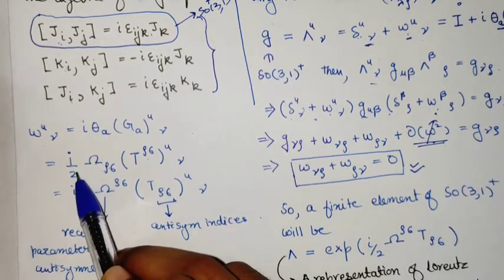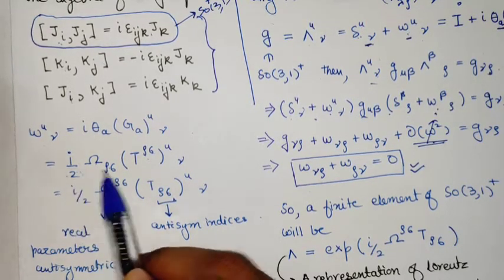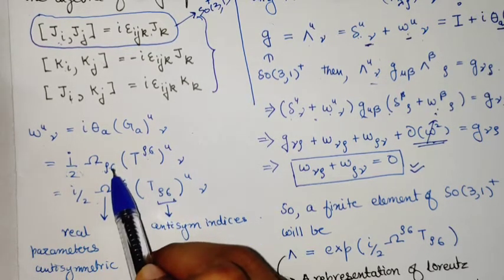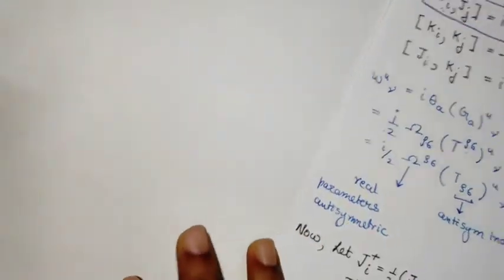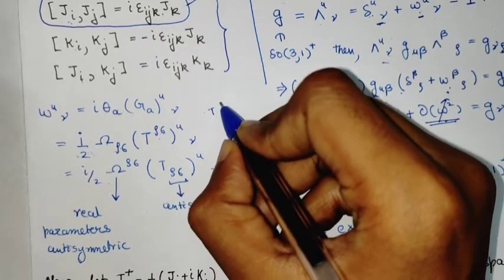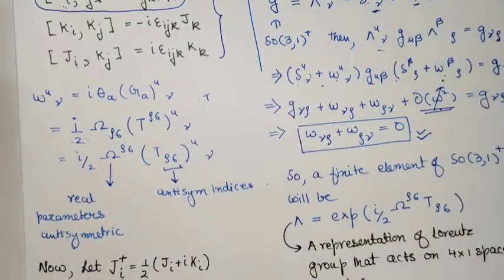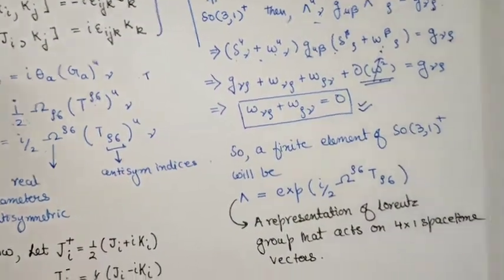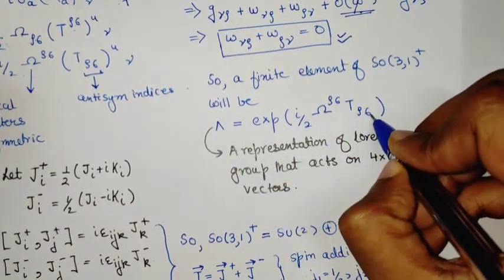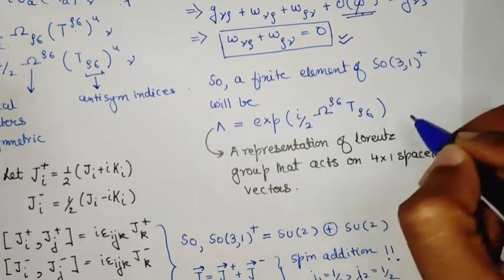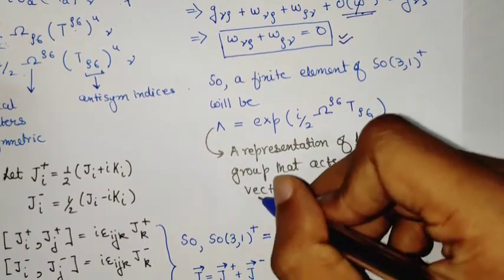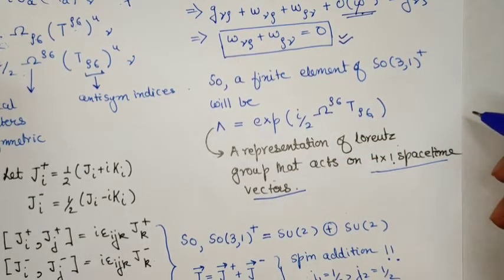And then I have introduced a half factor here, so that I can run over all the rho and sigmas, but then we would be double counting, because the parameters are anti-symmetric. So with this, the final group element is this particular thing here. This is the representation of the Lorentz group, and it acts on the spacetime vectors or the 4 vectors.